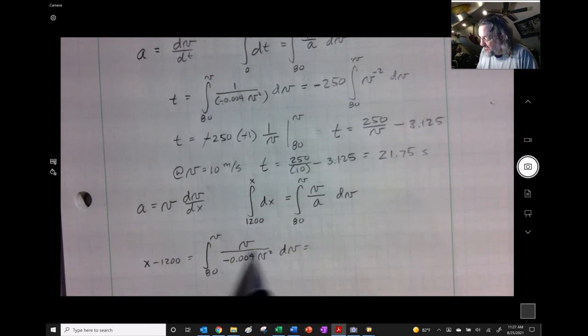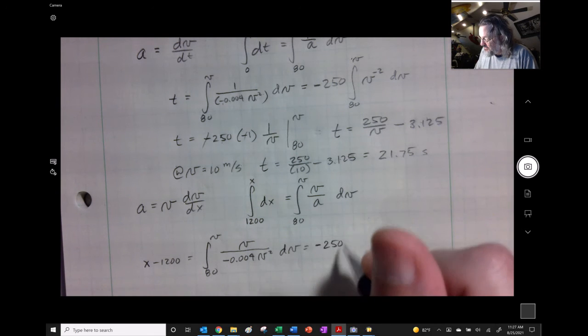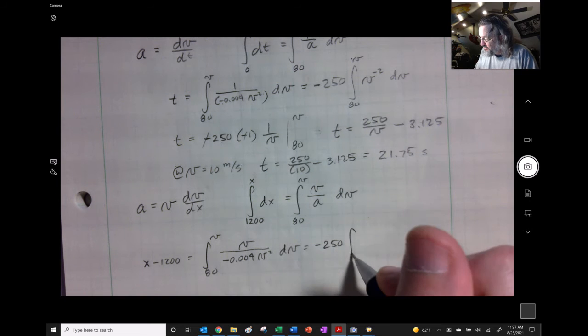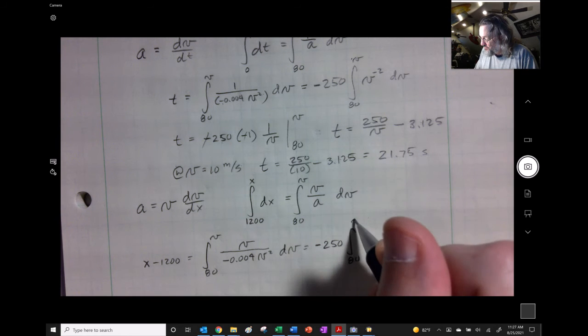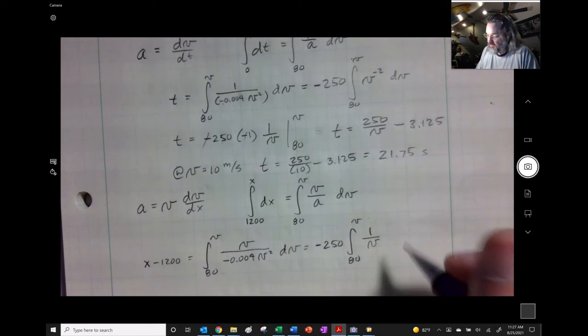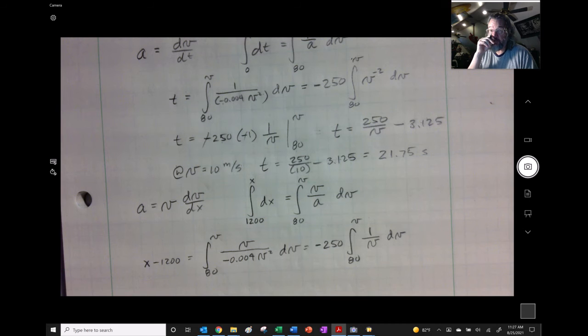Let's move this constant out to the side, and one of those v's is going to cancel one of these v's. So we have the integral from 80 to v of 1 over v dv. And we know that's a special case.